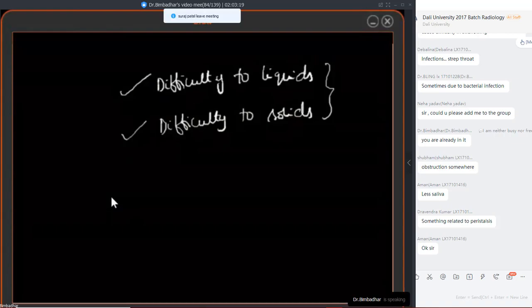See, difficulty to liquids and solids can be happening because of an obstruction somewhere, but difficulty to only solids can be happening because of the peristaltic movement. Because unless the peristalsis is happening, the solid food cannot be passed down, right?